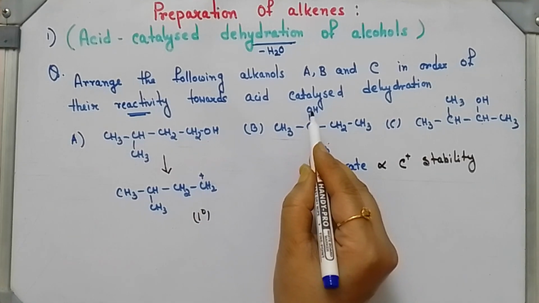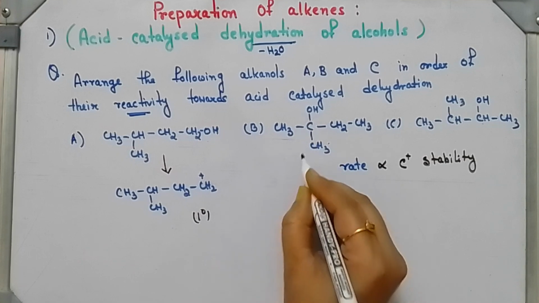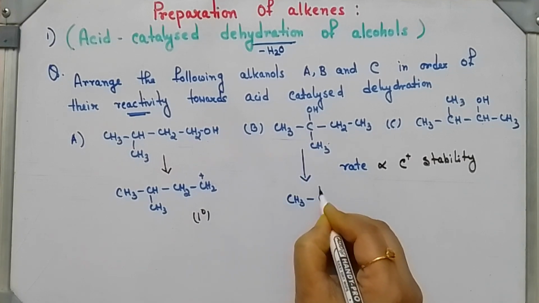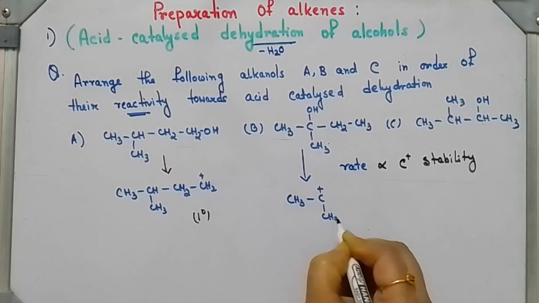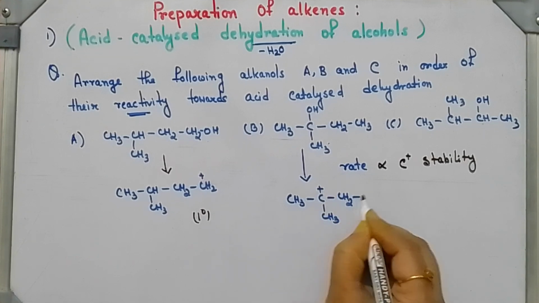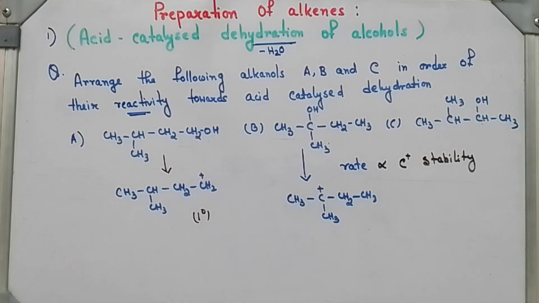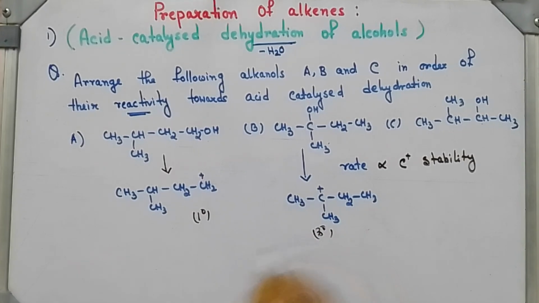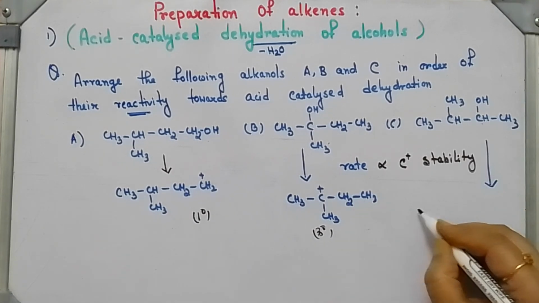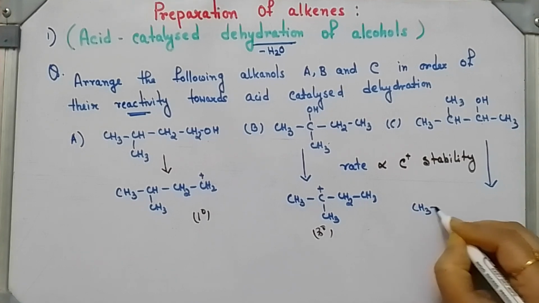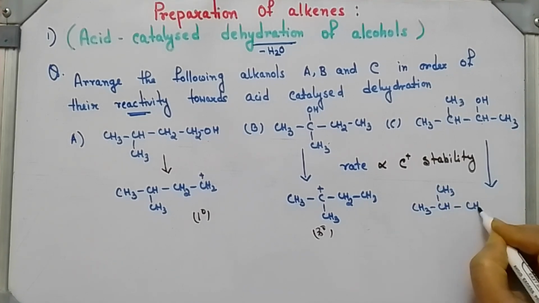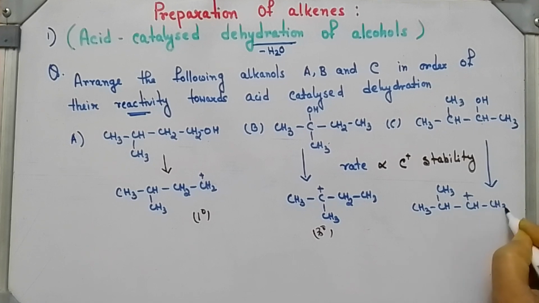Here, after protonation and removal of water, what carbocation will we get? CH3, C plus, CH3, CH2. So this carbocation is tertiary because this carbon is attached with 3 more carbon atoms. And from here, after protonation and removal of water, what carbocation will we get? CH3, CH plus, CH3.